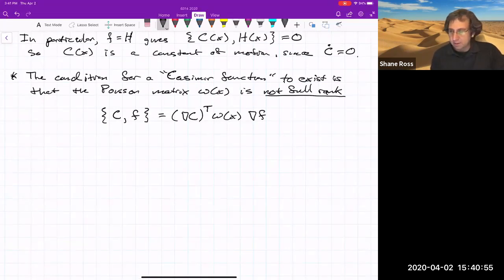If omega is not full rank, then there's the possibility that you could have some non-trivial function C that makes this expression equal 0. So let me give the example of the rigid body that we looked at last time. The rigid body, we defined a Poisson bracket using a Poisson matrix.